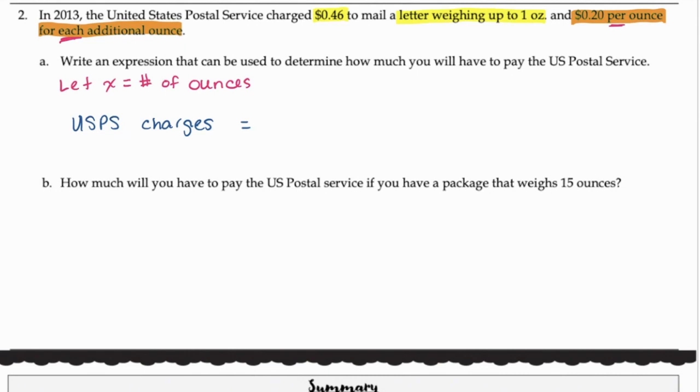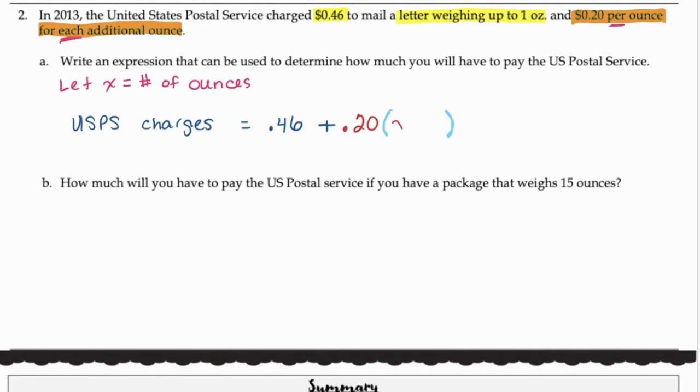For 1 ounce, I am going to pay 46 cents. But I have to pay an additional 20 cents per ounce. I have to pay plus an additional 20 cents per each additional ounce. And here comes the tricky part, because each ounce that we're going to pay 20 cents for does not include the first ounce that we have already weighed in.